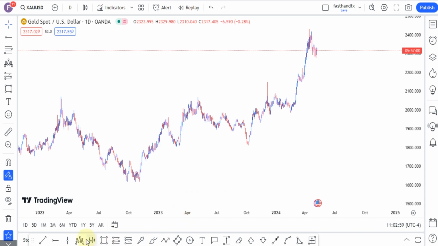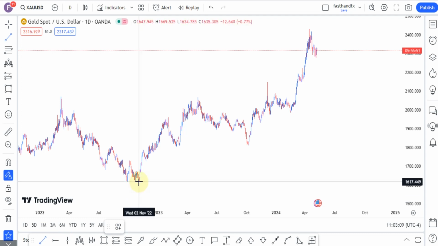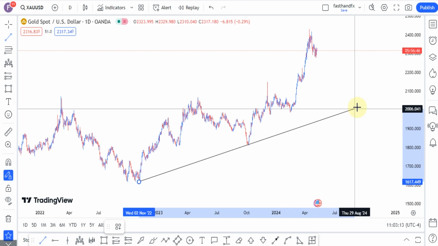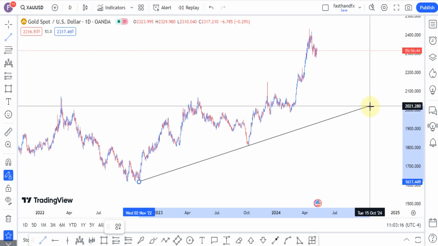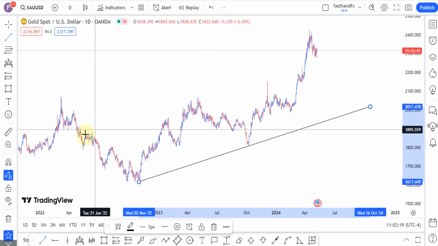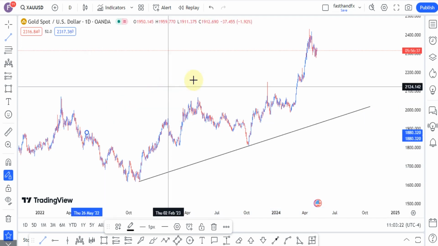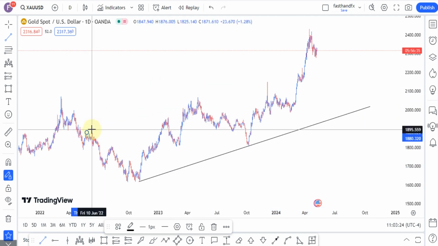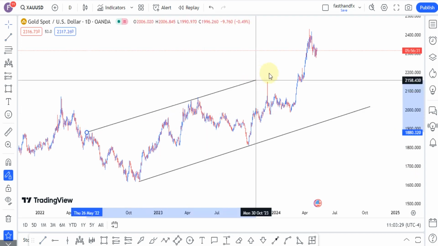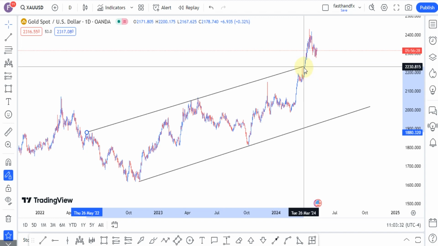So as you can already see, I'm on a daily time frame. I want to understand what this market is doing, and what I'm going to do, I'm going to use these trend lines to understand the direction of the market. So I'll just draw it just like that, and the other one I'll just draw it from here to this area.